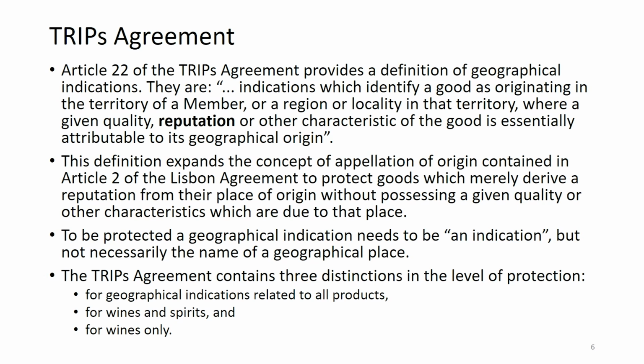Geographical indications are indications which identify a good as originating in the territory of a member, or a region or locality in that territory, where a given quality, reputation or other characteristic of the good is essentially attributable to its geographical origin.